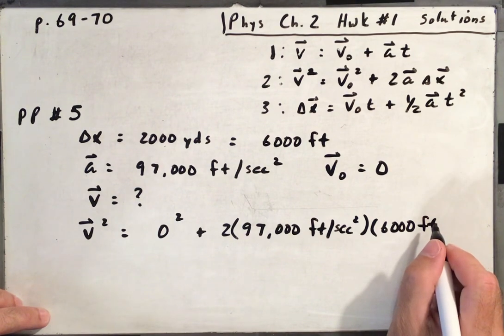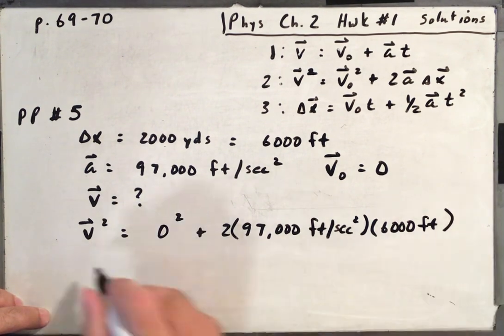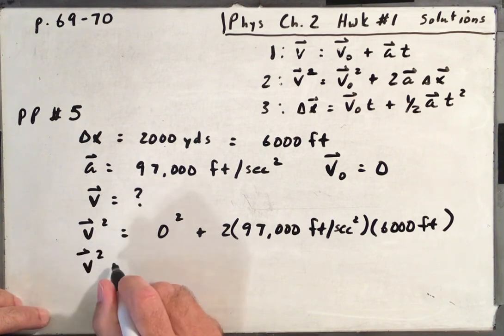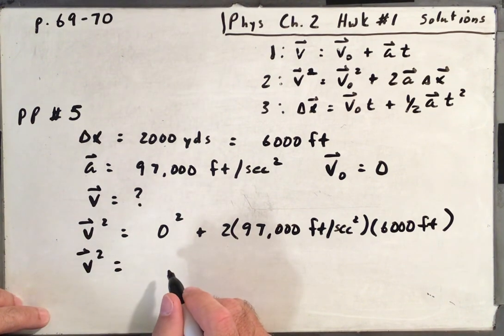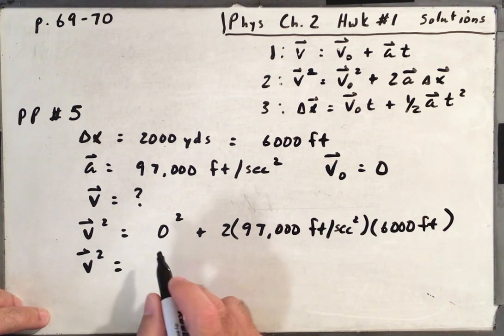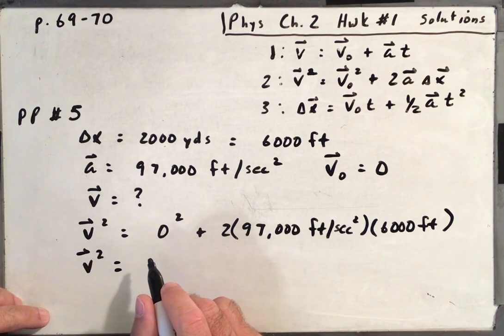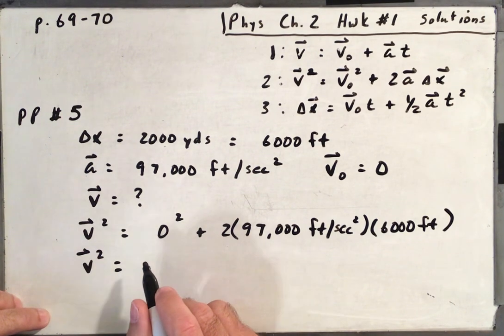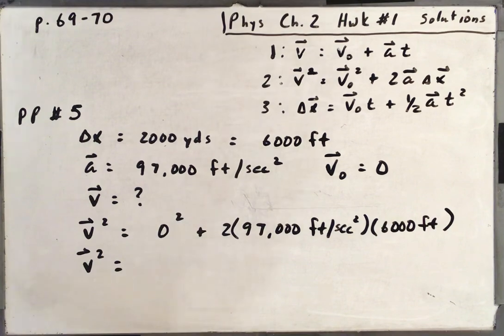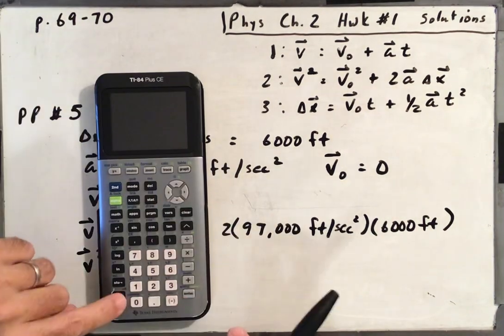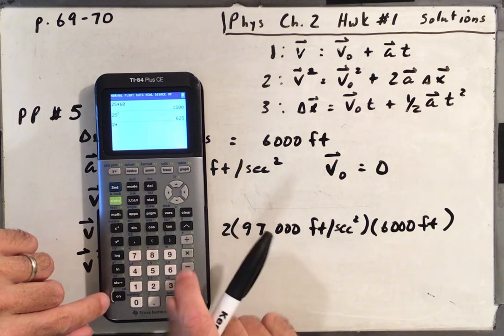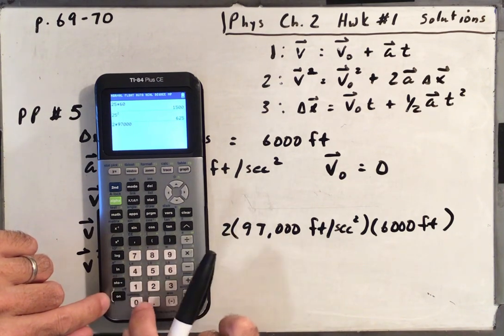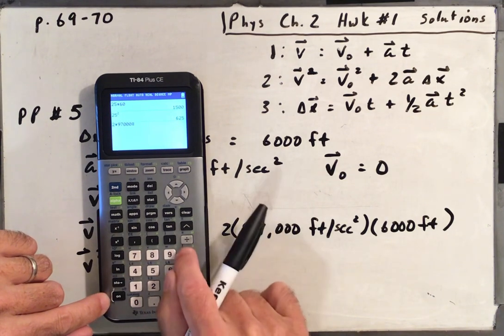All right, that's going to be a big number. So v squared is... it's hard for me to read. I'm going to go ahead and put this in my calculator. All right, 2 times 97,000 times 6,000.